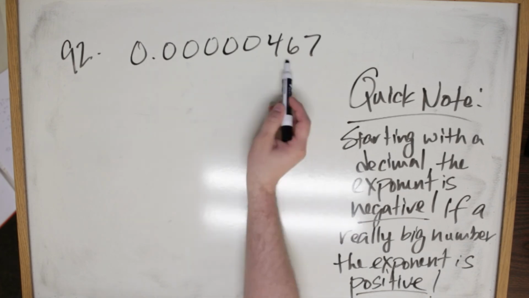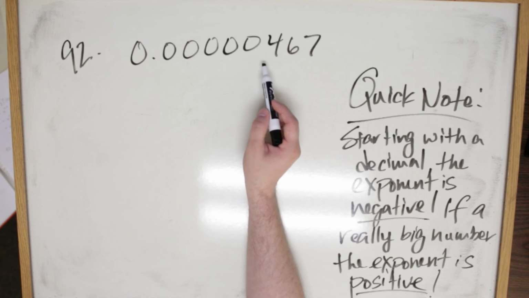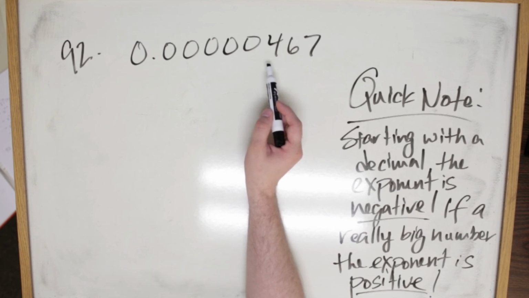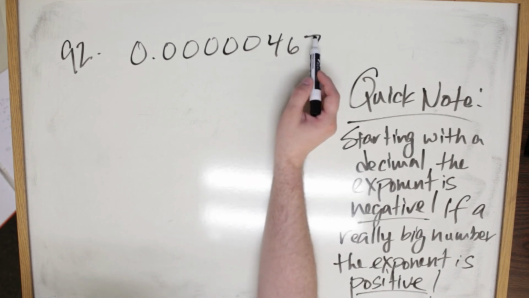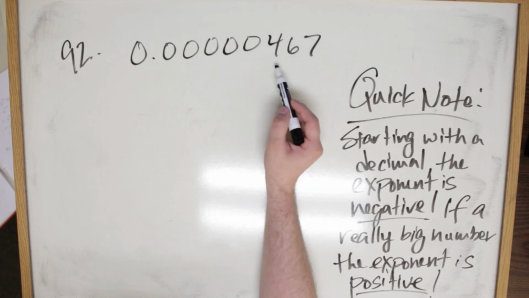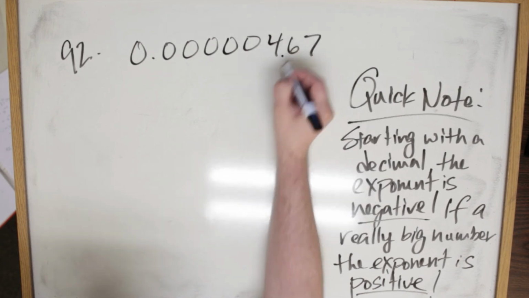This right here, I'm starting with a decimal, okay? And all I need to do when I'm putting things into scientific notation is literally just count the decimal places that I'm moving. Remember, for scientific notation, the very first number has to be a number between 1 and 10. So the decimal place is going to have to be put right there.